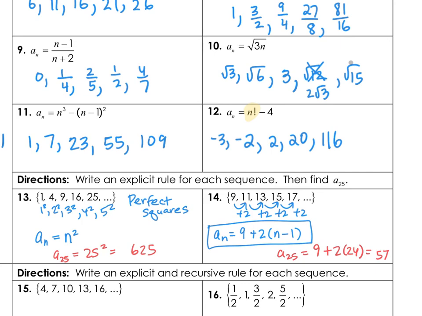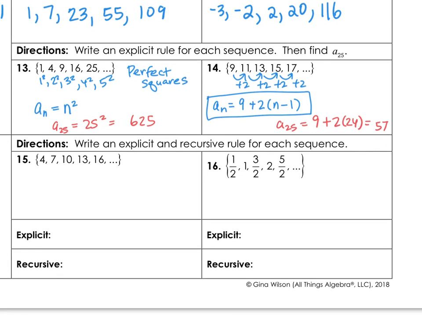All right, last little bit. Write an explicit and recursive rule for each of these sequences. So here you just kind of got to figure them out, and some of these are very difficult. Some of them aren't as bad. Like on number 15, I'm seeing that we're adding 3 each time. So when it's something basic like this, it's really nice, because I know my explicit one: I'm starting with 4, and I'm adding 3 n minus 1 times.